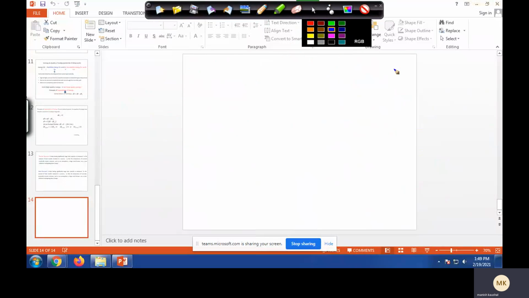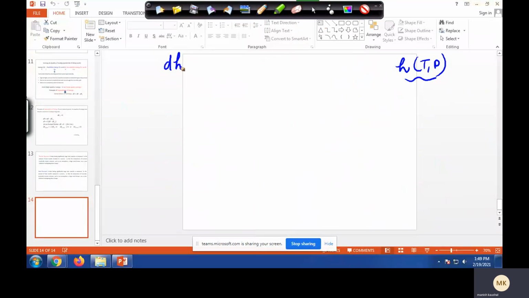Try it for, let's say, if you want to express H as a function of temperature and pressure. You have to prove that dH is equal to Cp dT plus V minus T beta V, basically you can take V common, dP.